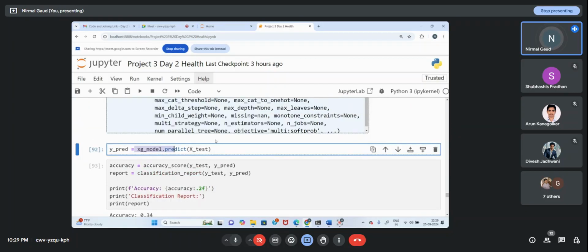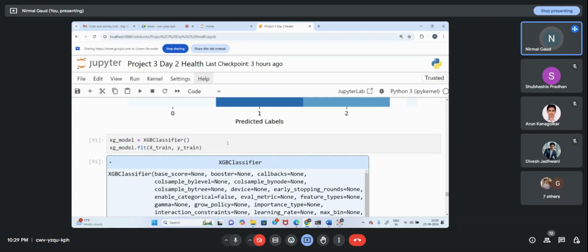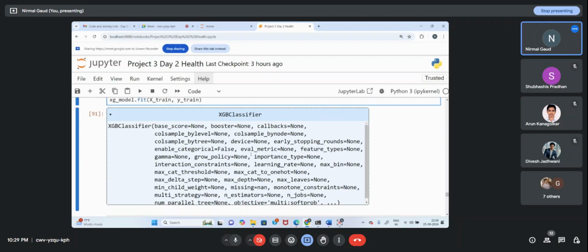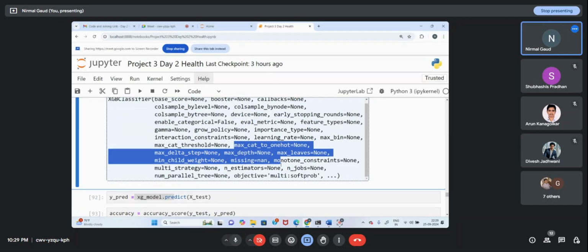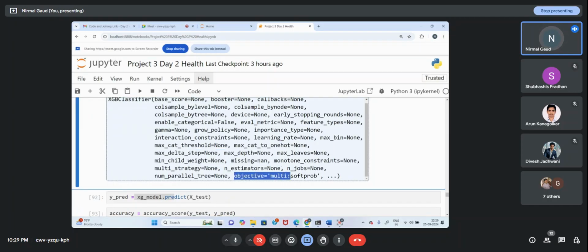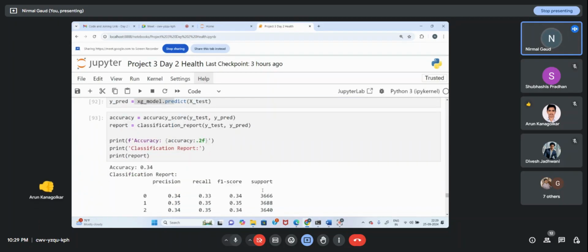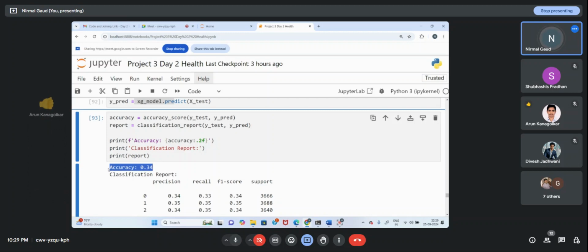Is there a hyperparameter in XGBoost? Objective equal to multi:softprob, you can use that, and I have used it, but I'm still not getting scores more than 34%. Only one time, when I was executing this code, I got a score of 41 for random forest.